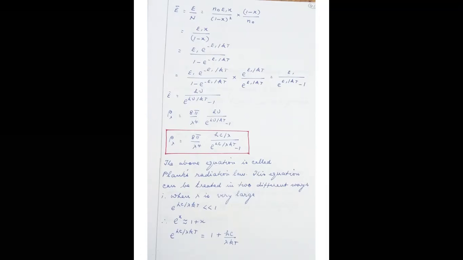So with this Planck's radiation law, what happens when lambda is very large? When lambda is very large, this e power hc by lambda kT is close to 1. So e power x can be approximated to 1 plus x.